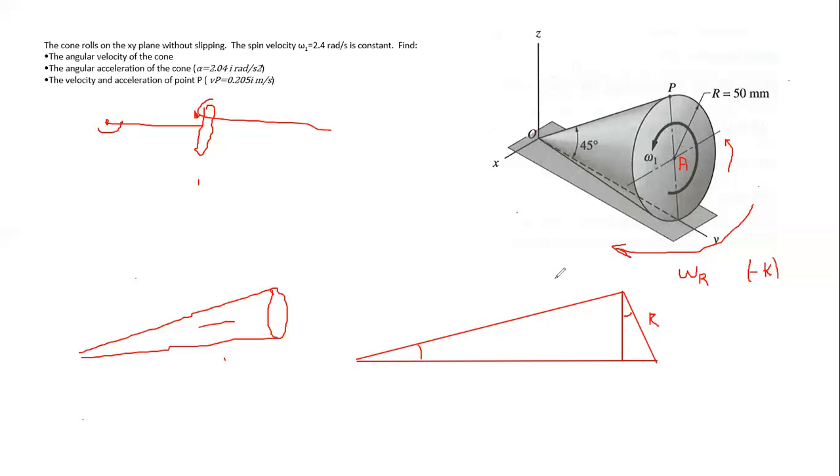Do you remember with the wheel? If a wheel's rolling without slip, then what is the velocity of its center? Omega R. Yeah. Does everybody remember that? That's for our wheel that's rolling without slip.